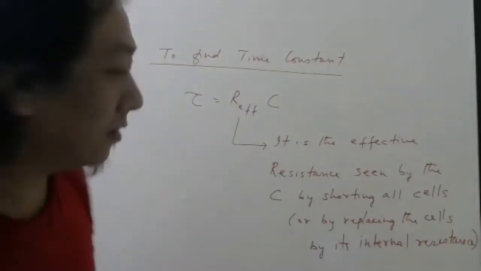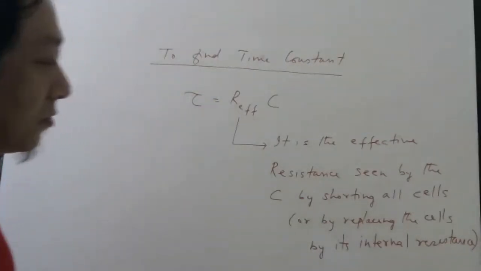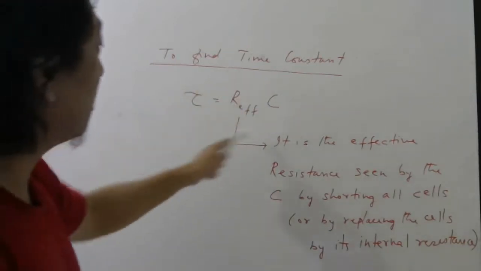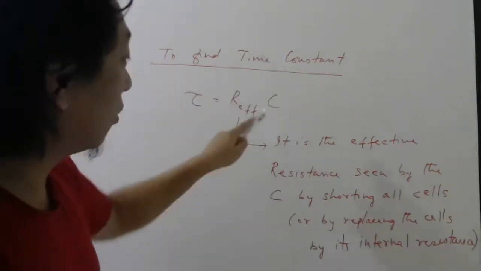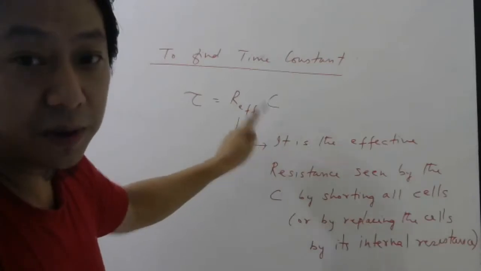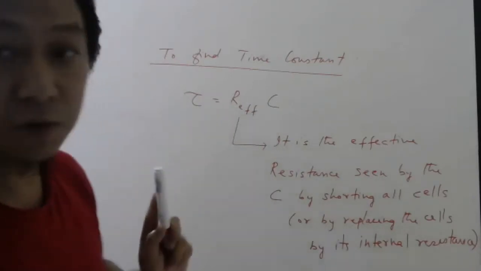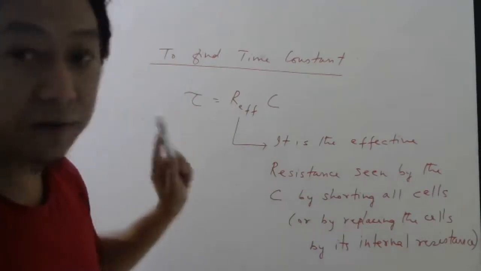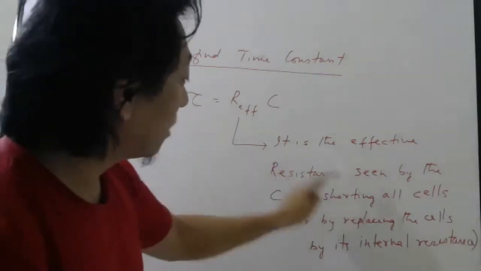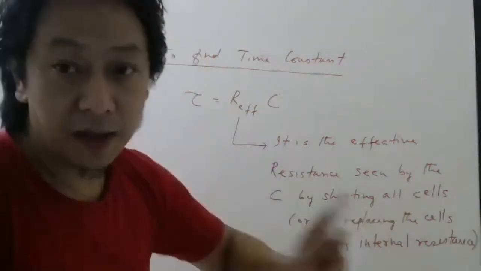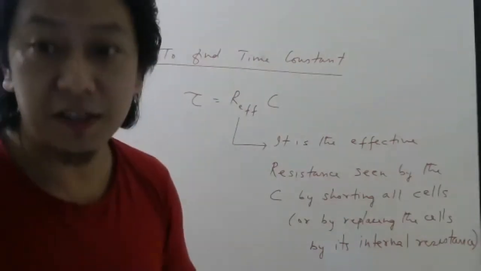One example I will show you, quite fast. Once you know the time constant for the charging or discharging of this capacitor, you have to find this R effective. To find it, you have to replace all the cells by their internal resistance, if there is internal resistance.